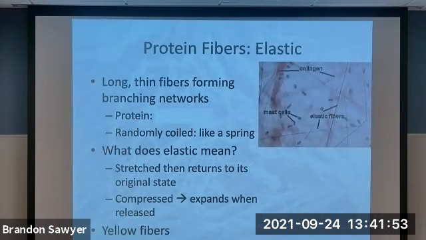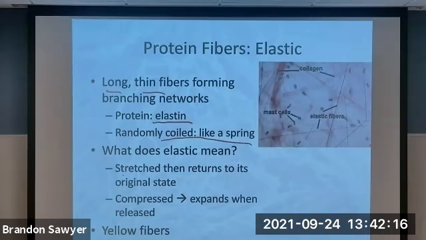We also have elastic fibers. They're very long, definitely thinner than the collagen, but the main protein inside of them, instead of collagen, is elastin. Just like the name sounds, it's much more elastic. It's actually coiled up, and it kind of looks like a spring if we could get even closer to it than the microscope view.